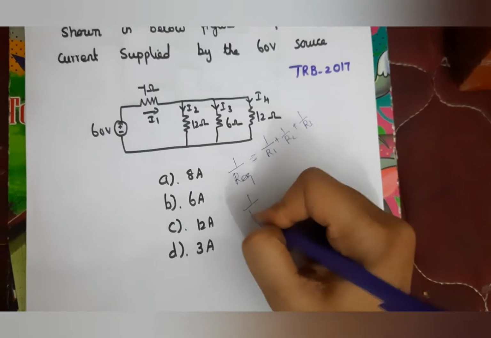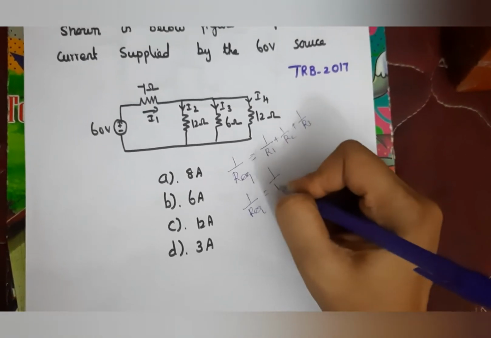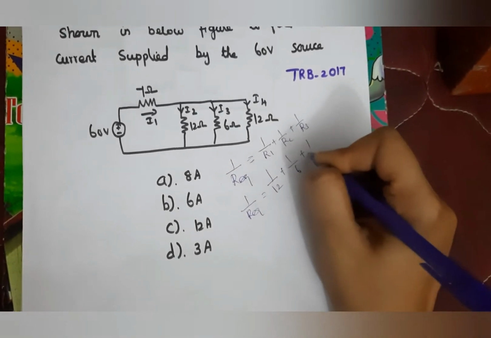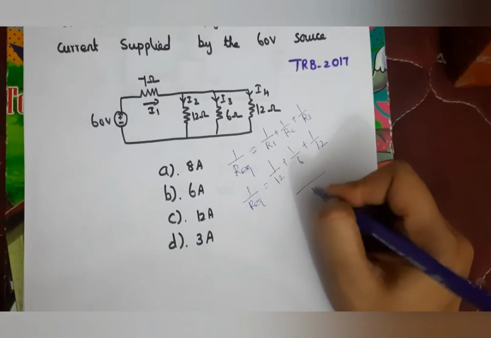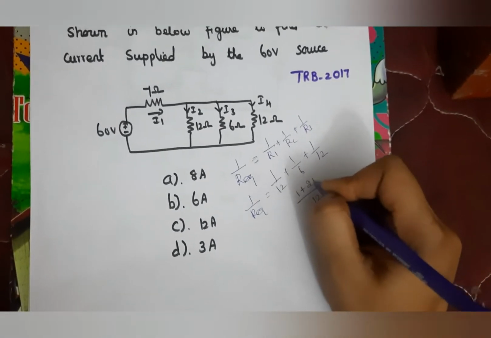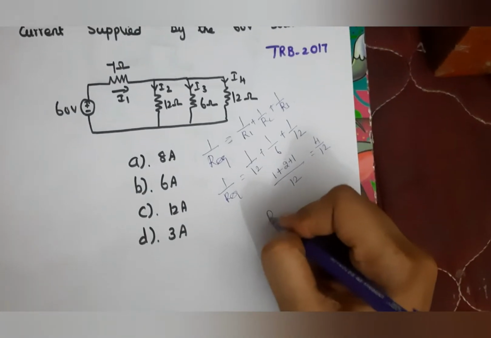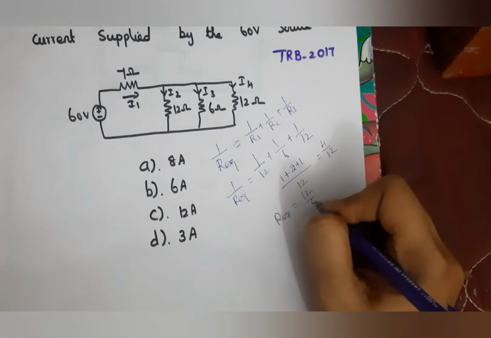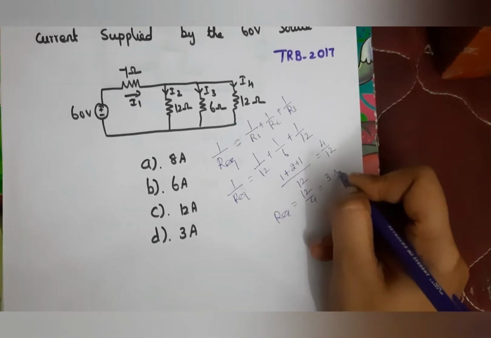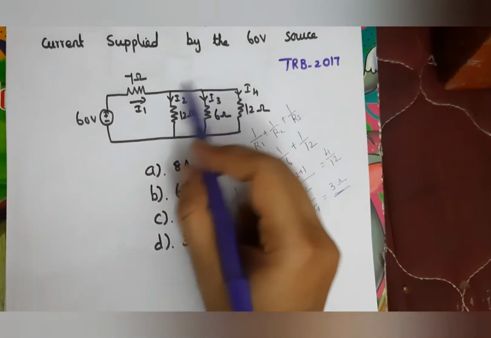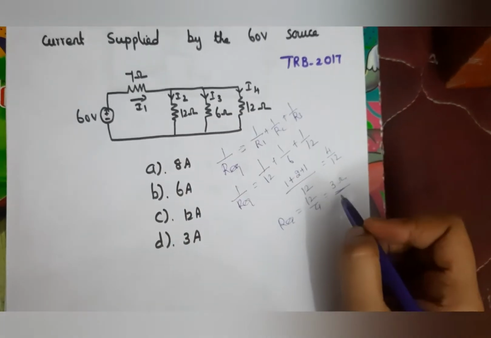So R equivalent can be calculated as 1 by 12 plus 1 by 6 plus 1 by 12. And here 12 is the LCM, and 1 plus 2 plus 1 becomes 4 by 12. And R equivalent is equal to 12 by 4, that is 3 ohm. So these 3 resistors are now reduced to 3 ohm.